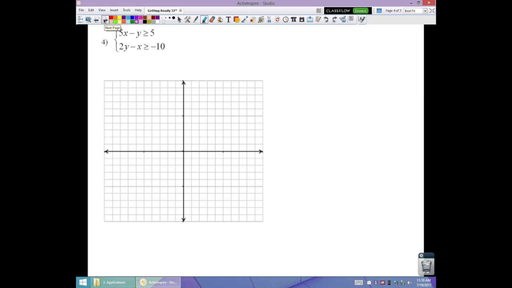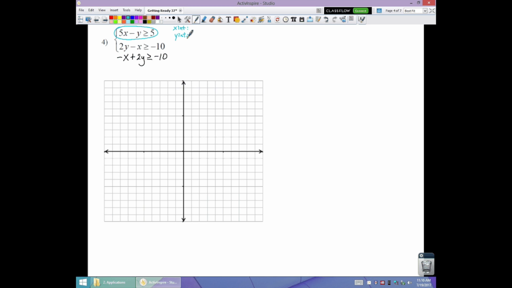Okay, number 4. Well, let's do the intercept method again. These aren't exactly in standard form. If I want to rewrite this one as -x plus 2y greater than or equal to -10 so that it's actually in standard form, I can do that. So this one would have x-intercepts and y-intercepts.